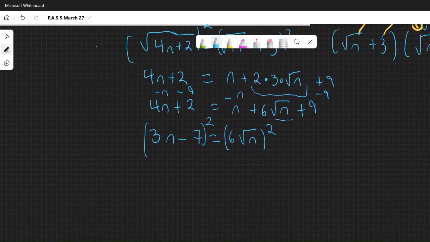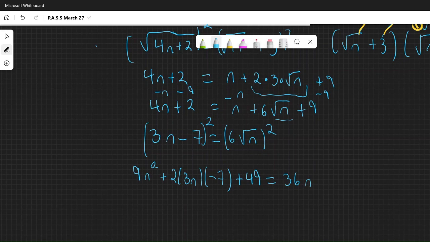So now we have another binomial. I'm going to do the same thing. So we'd have 9n squared plus 2 times 3n times negative 7. Then negative 7 times negative 7 would be 49. And that would equal 36n, because we have to square each of these terms.